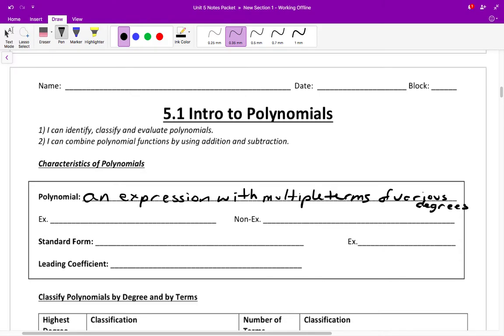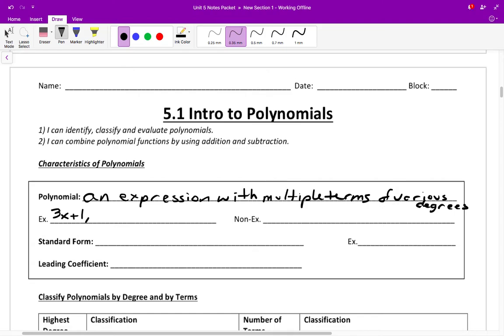So, some examples of some stuff that would maybe look like a polynomial. You could have just a linear equation, like 3x plus 1. Even though it's linear, technically that is an example of a polynomial.